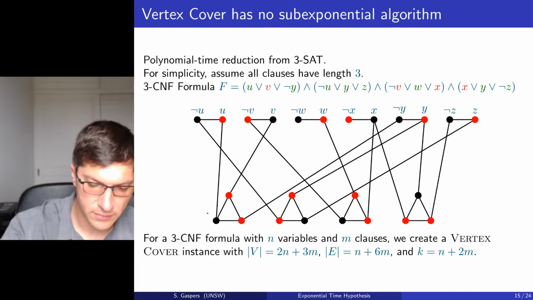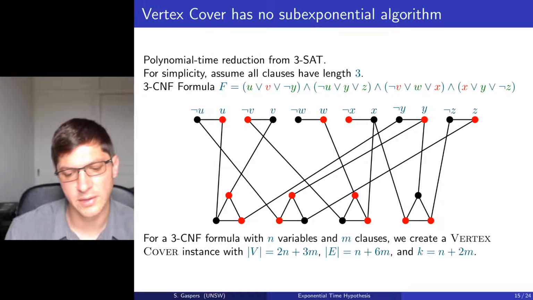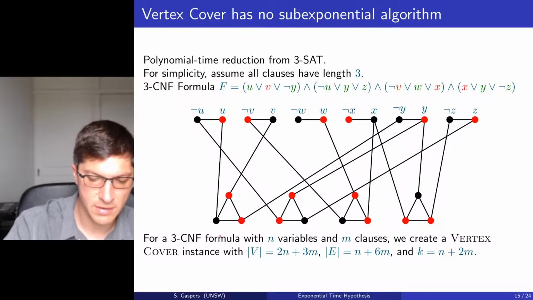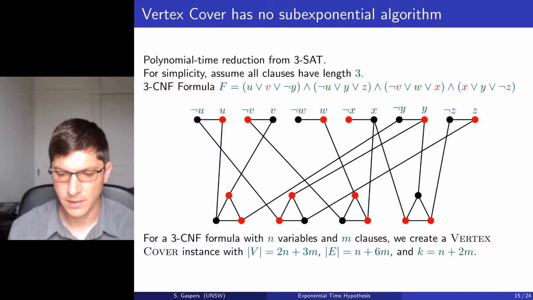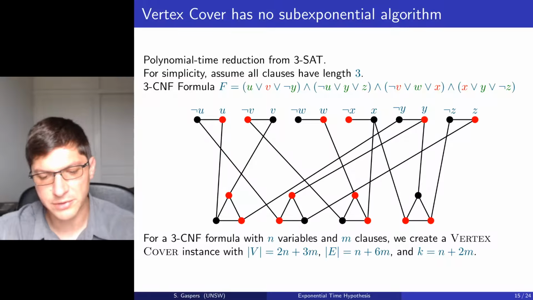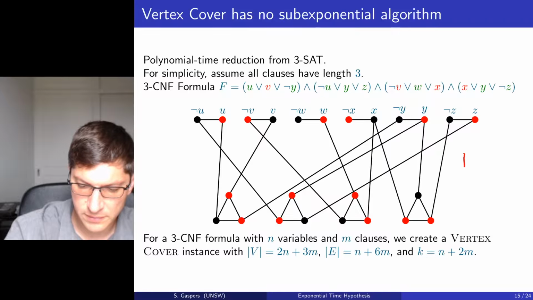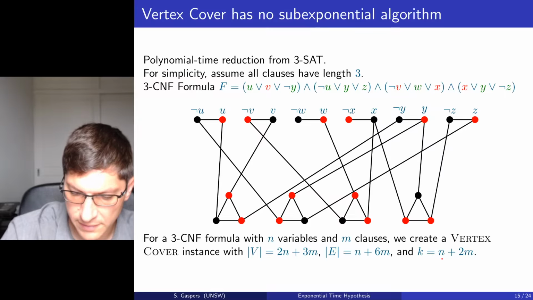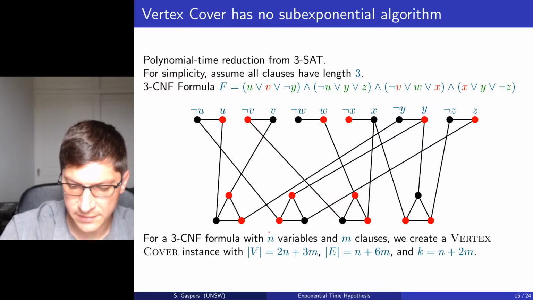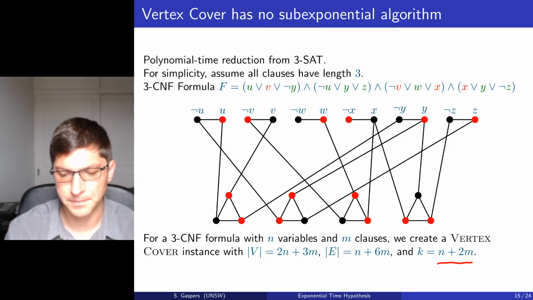We also know that for each clause gadget, so for each of these triangles, we need 2 vertices in our vertex cover to cover these 3 edges. And that's it. So if n is the number of variables and m is the number of clauses, our budget will be n plus 2m.